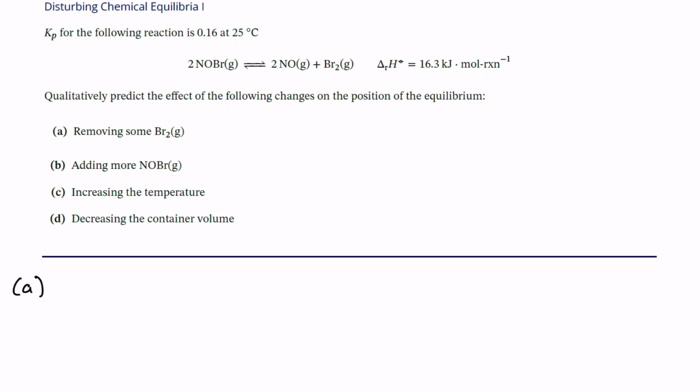So let's write down typically how I would write that down. What is our disturbance? Our disturbance is removing Br2 gas, which is a product.